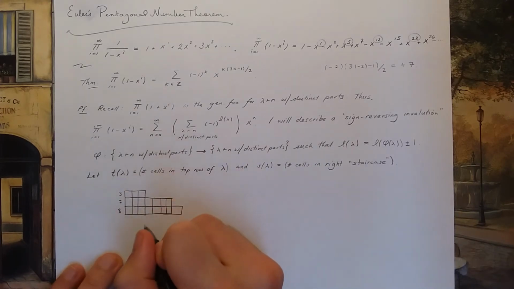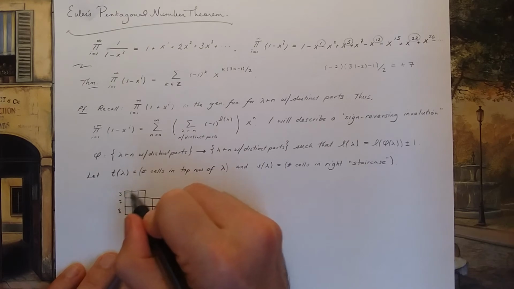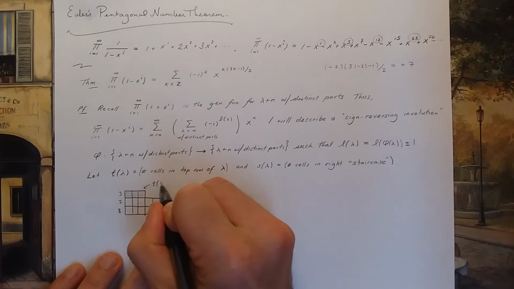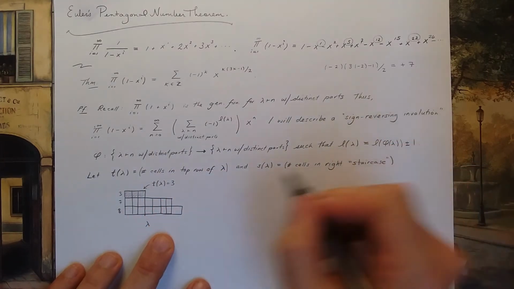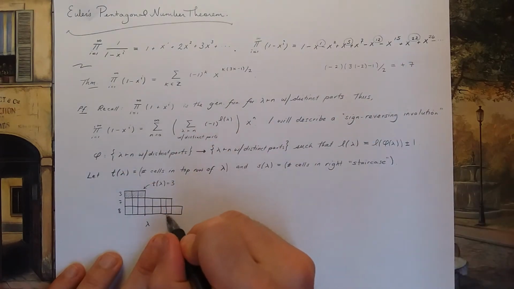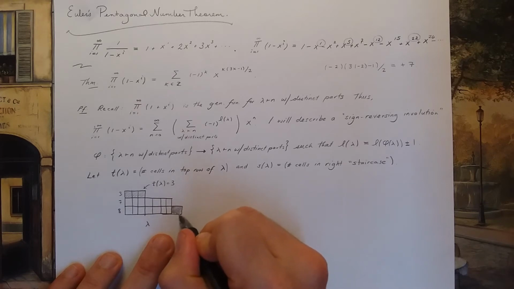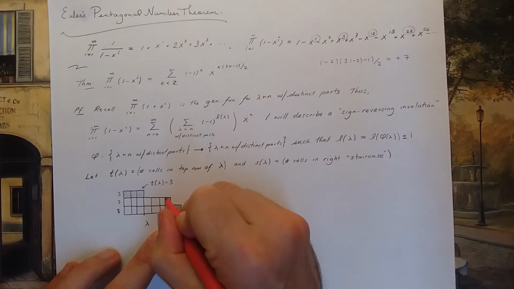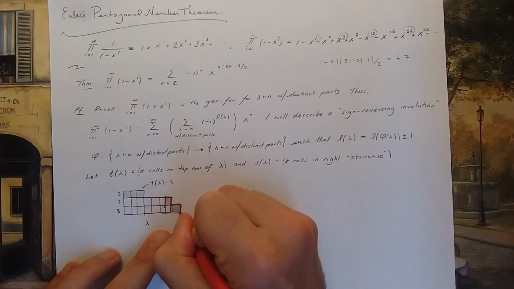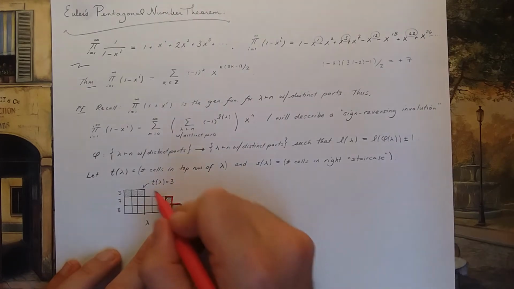T of lambda, so this will be my lambda, t of lambda will be 3. And s of lambda, that's the number of cells in the rightmost staircase. And what I mean by that is that it's the number of cells in this diagonal strip here. Let me draw this in red, actually. So it's the number of cells that are consecutive going up this diagonal here.